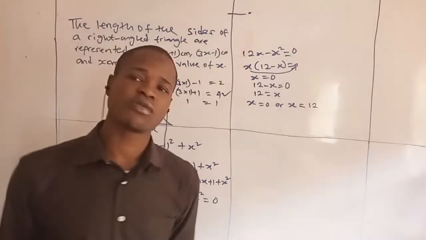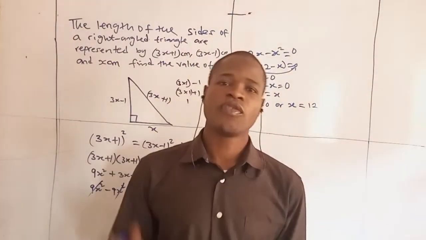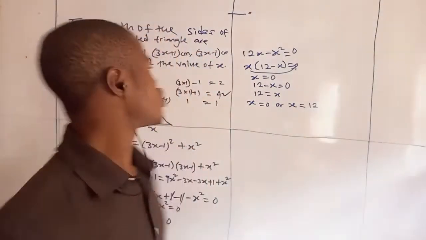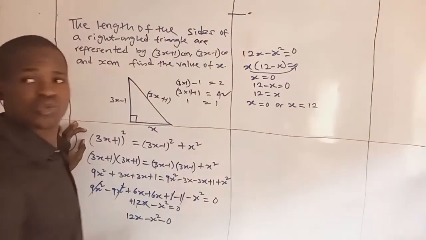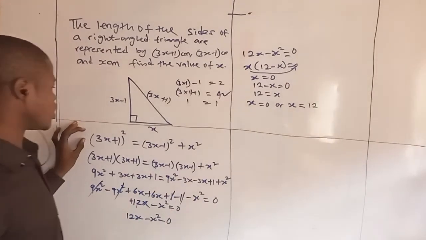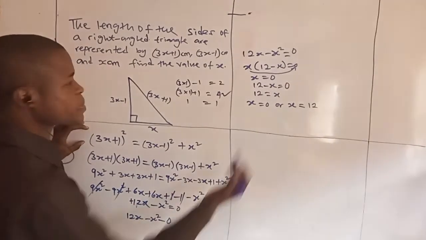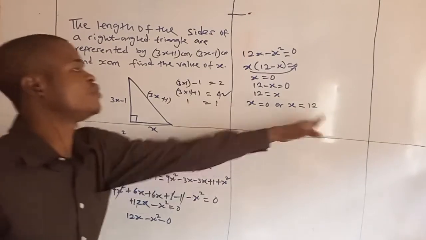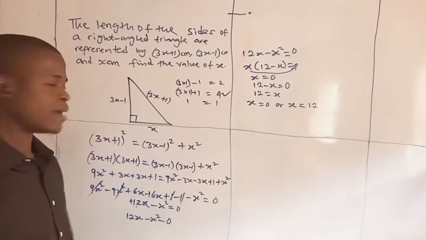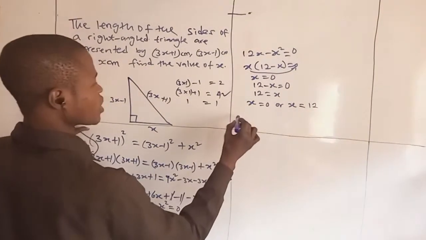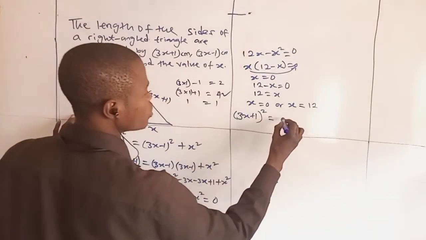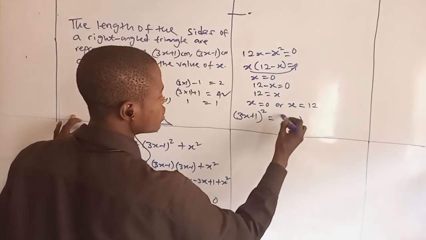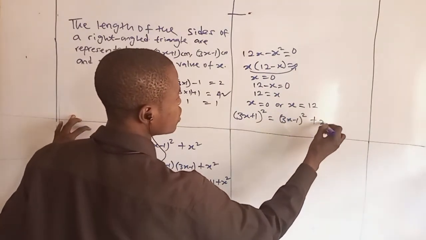It's not possible for a length of a right angle triangle to be 0. From the expression I was given, if we want to test if our calculation is correct, it's easy for us to substitute the value of these two to determine our real answer. We have 3x plus 1 squared equal to 3x minus 1 squared plus x squared.